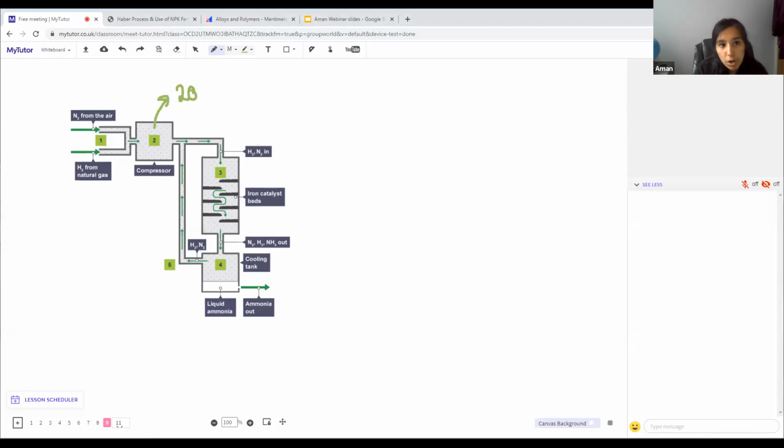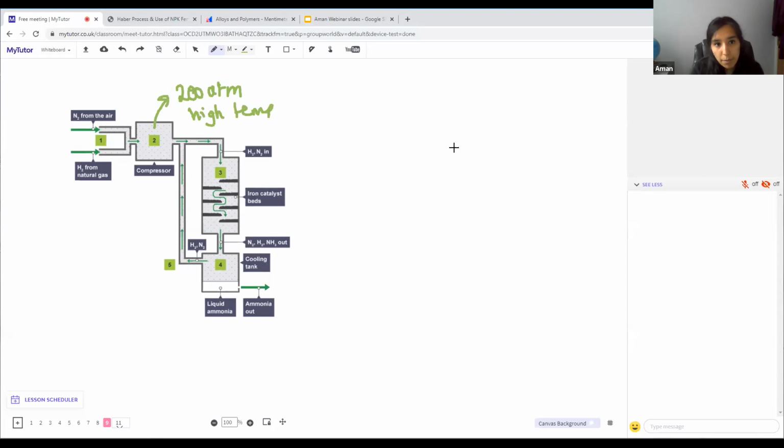So we put it at 200 atmospheres and that's the high pressure. So it happens in a compression chamber where we basically squeeze and increase the pressure in that chamber. They then have a high temperature added to them, so you can assume in that compressor there's also a high temperature. I know it's not on the diagram, but it is there. There's high temperature and 200 atmospheres.